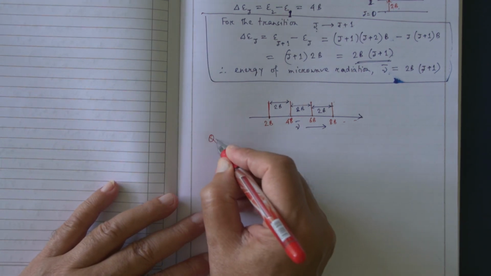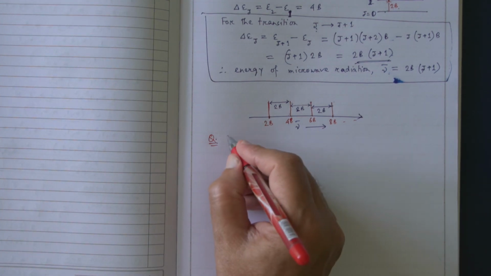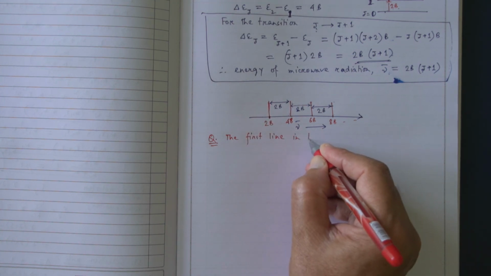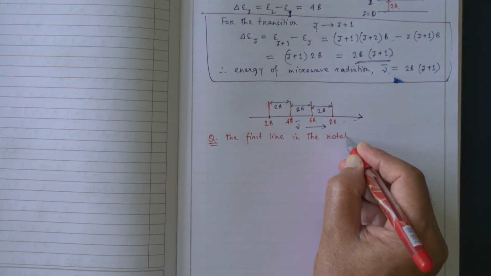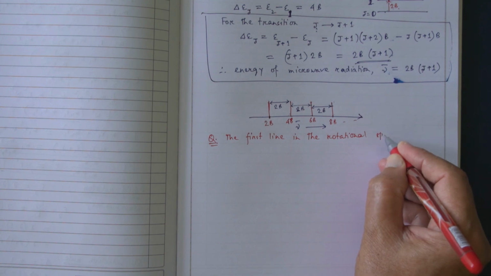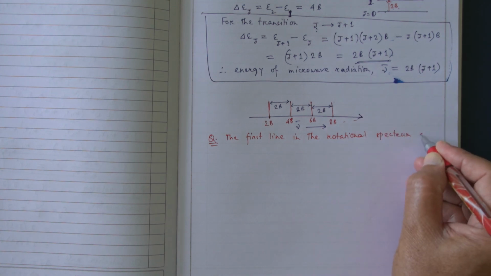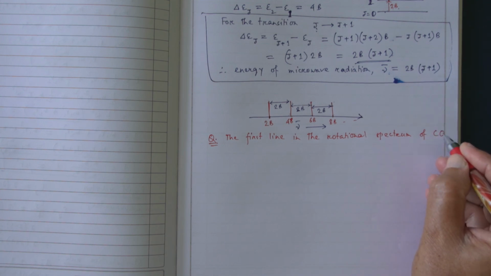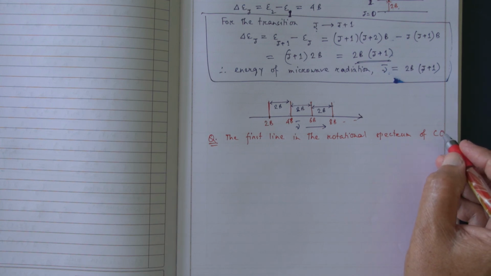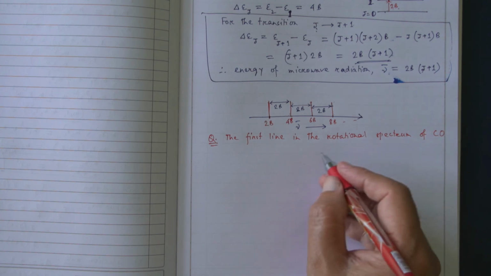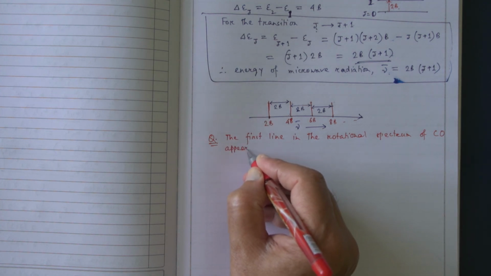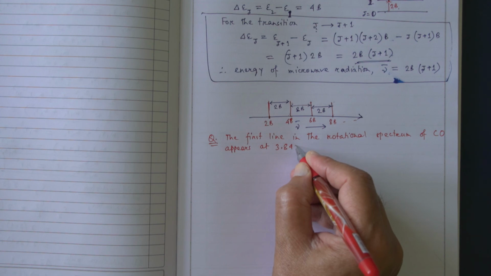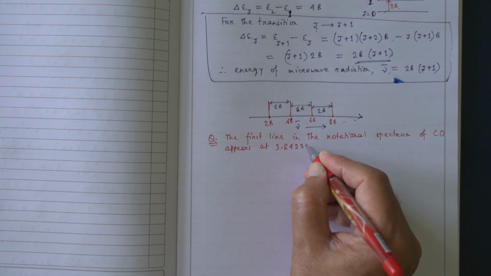Now the question is: the first line in the rotational spectrum of carbon monoxide appears at 3.84235 centimeter inverse.